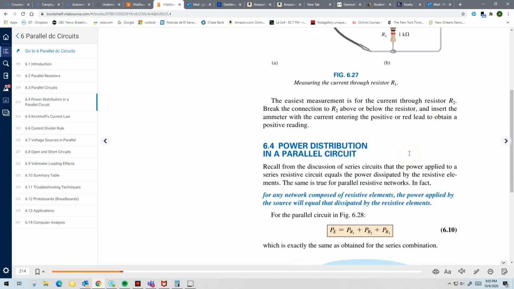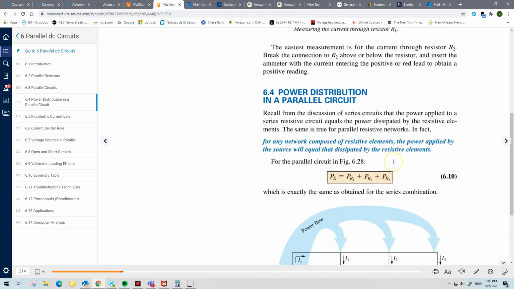All right, so before I break for this lecture, let's talk about power distribution in a parallel circuit. As you will see, it is very similar to what you do in the series connected circuits.